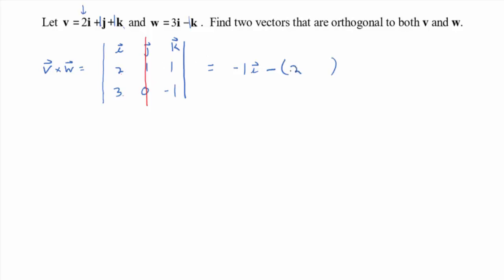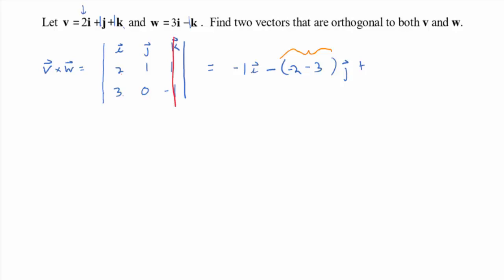Negative 2 minus 3, right? And then that's a j component, which will actually end up being negative 5 minus a negative 5, so plus 5. So be careful, be wary of those negatives. If there's a lot of negatives, I recommend you write out your work like I just did, so you don't make a mistake.